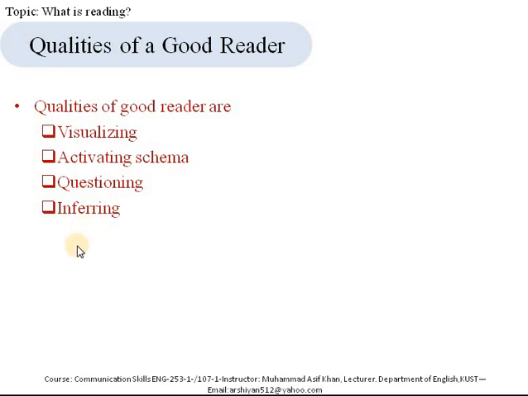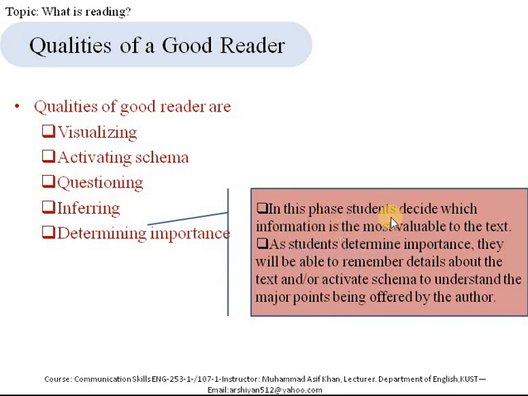Then we have another quality of a good reader, and that is determining importance. In this phase, the reader decides which information is most valuable to the text, and when he determines the importance, then the reader is able to remember the details about the text.